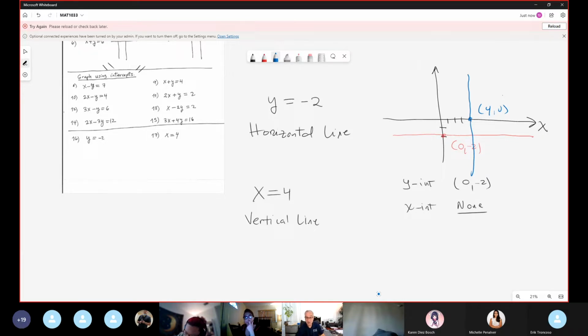Yes, definitely. The slope, since you want to talk about slope, is undefined here.